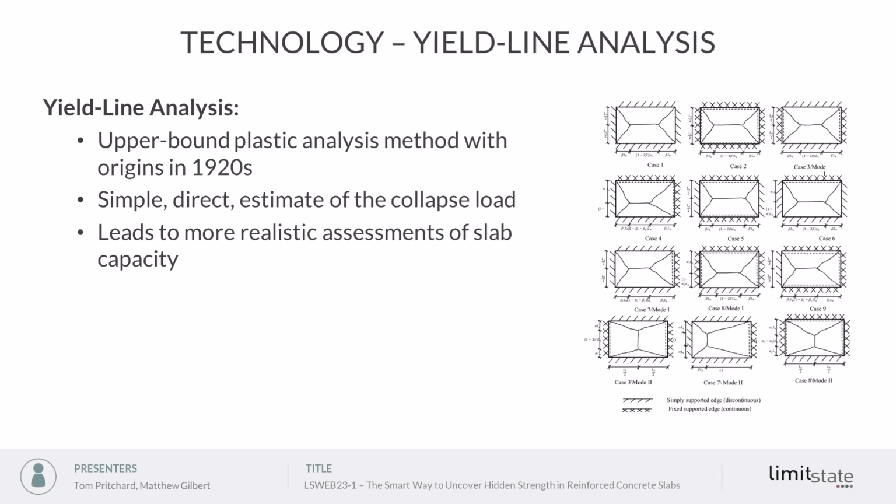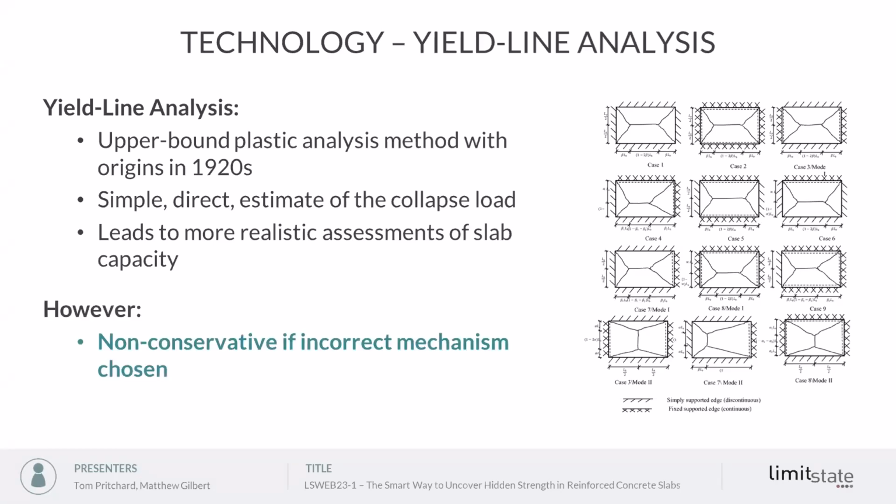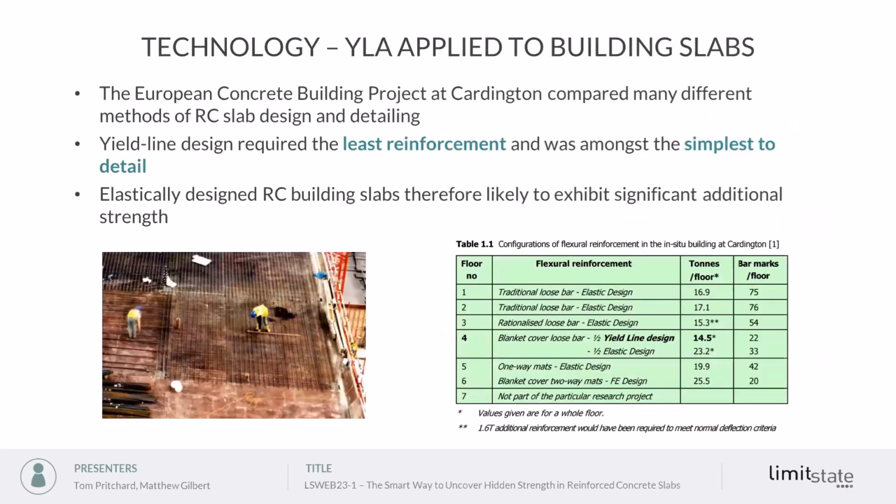So you basically postulate a failure mechanism, and then it's very, very simple to work out the associated collapse load. And it comes up with much more realistic assessments of the slab capacity than some of those other methods that I was referring to in the last slide. The only downside is that it's non-conservative if you choose the incorrect mechanism. We'll come to that shortly.